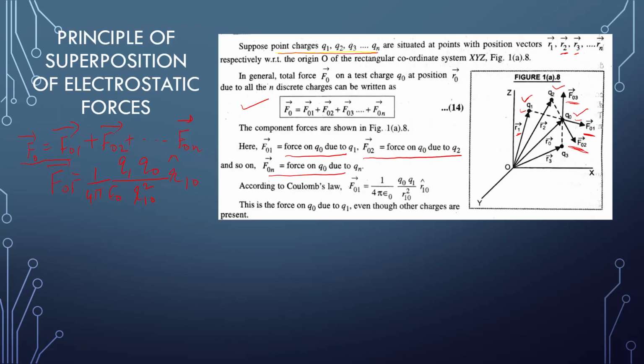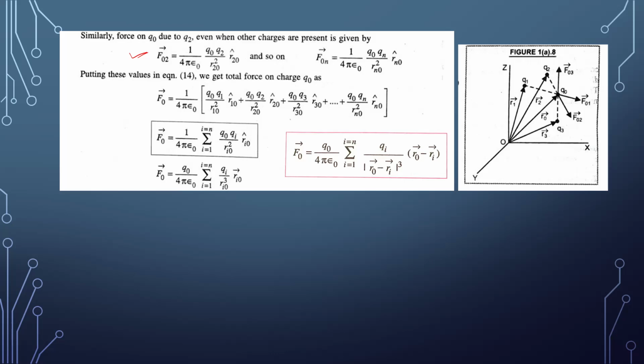Now, what is the total force? In the previous slide I told you that the total force F0 vector is equal to F01 vector plus F02 vector and so on till F0n vector, when we have considered n number of charges.